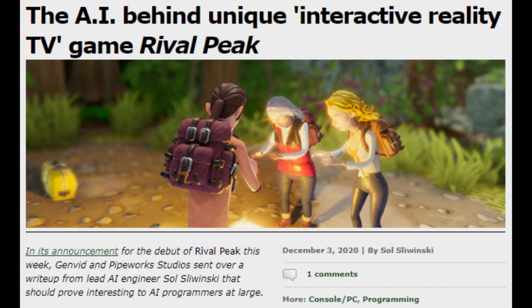By replacing many of the instances that would typically be handled by RNGs with crowdsourced decisions made by the viewers, collectively or in subsets, only those viewers observing Winter can vote on whether Winter should eat the mystery berries she's discovered in the woods. Rival Peak represents a grand social experiment of sorts.